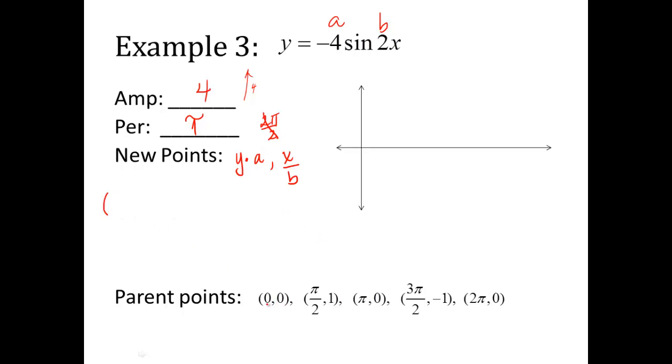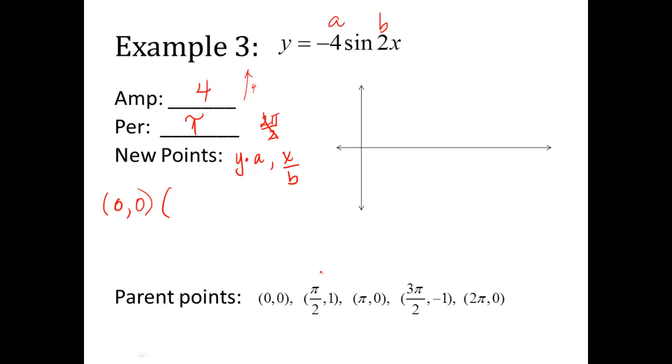So the first one, the x value is 0. 0 divided by 2 is 0. For the y value, 0 times a, which is negative 4, is still 0. So that first point did not change.